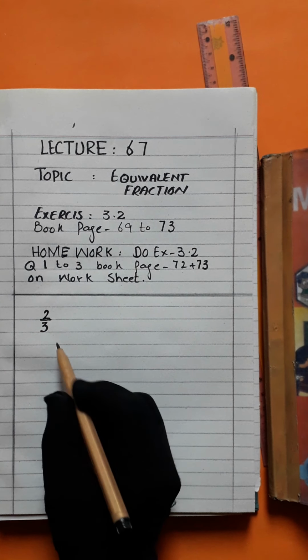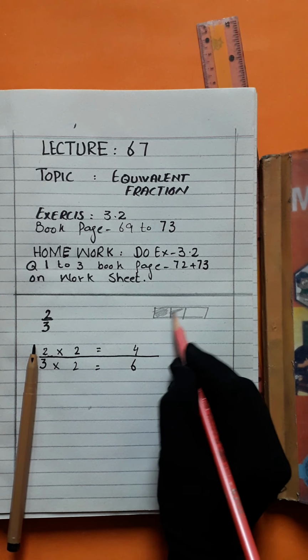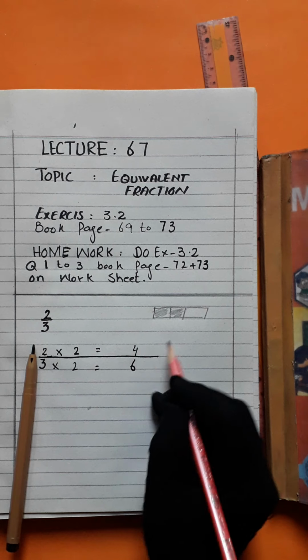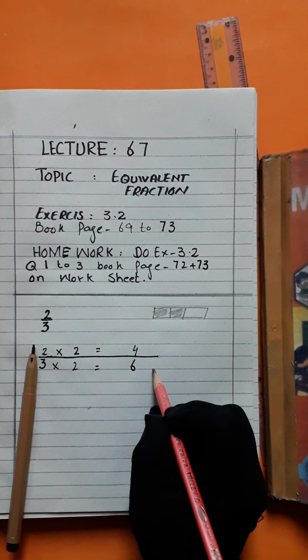And the first one, you take 3 parts. This one fraction is just like this. And how many are colored? 2 parts are shaded. Okay, and the next one, you double this 3, which is 6.